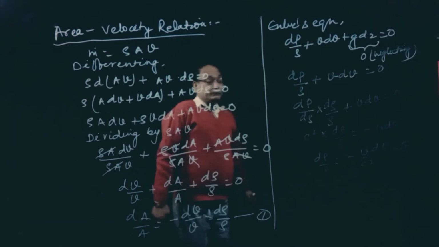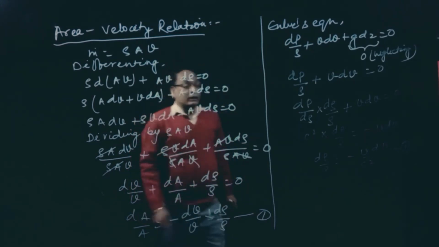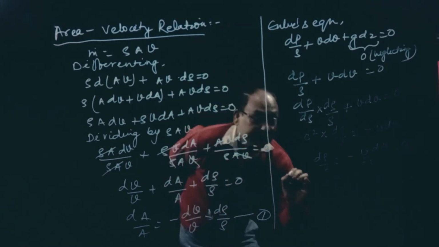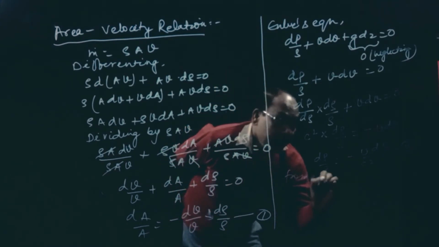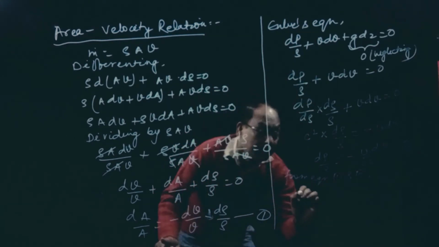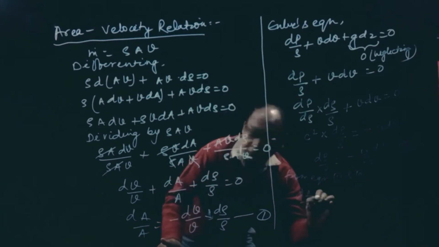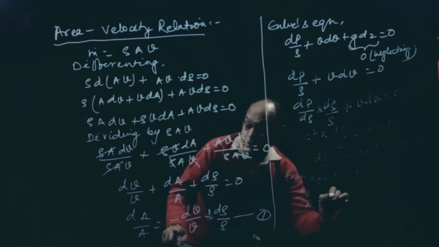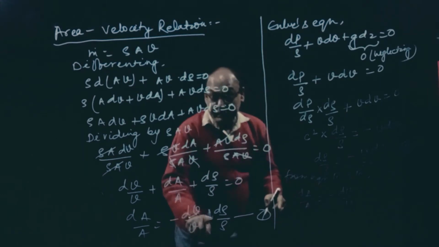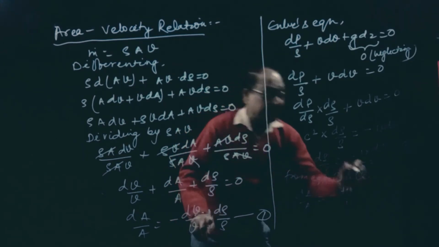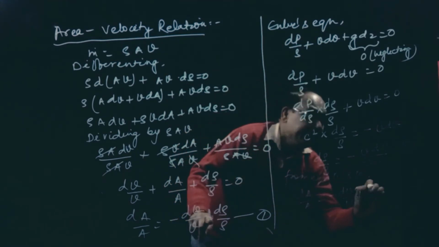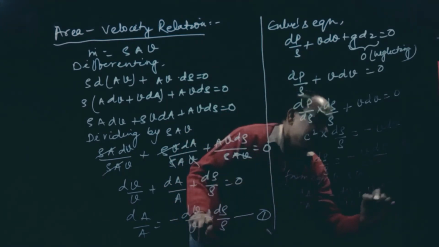Now putting the value of d rho by rho from equation 2 in equation 1, dA by A is equal to minus dV by V, and this is minus and this is also minus, so minus will be plus. So d rho by rho is V into dV by C square.